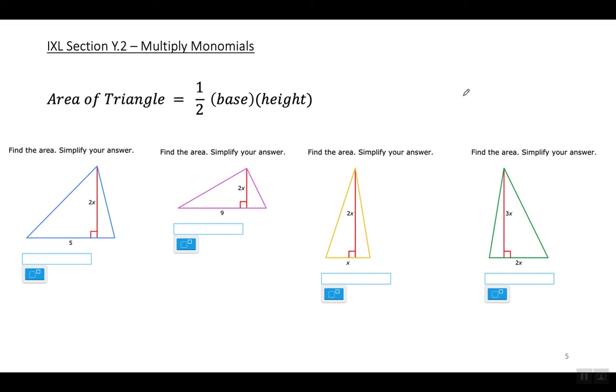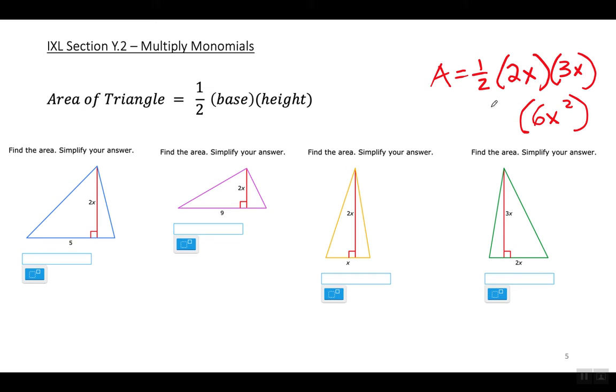All right, let me try again. Area equals half of 2x times 3x. All right, so 2x times 3x is 6x to the second power. So if I get half of 6, that's 3. So half of 6x squared is 3x to the second power.